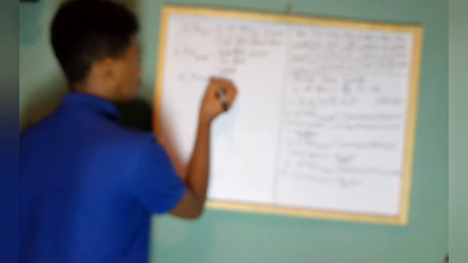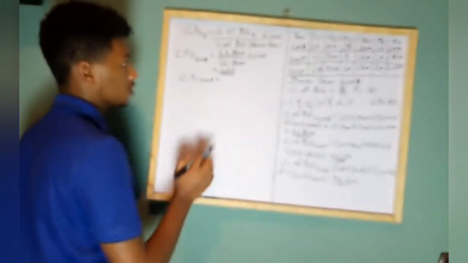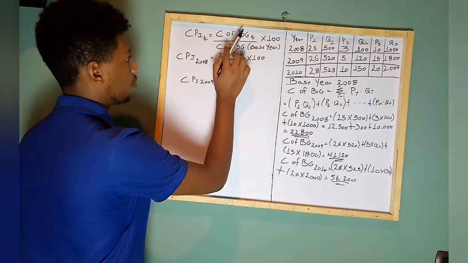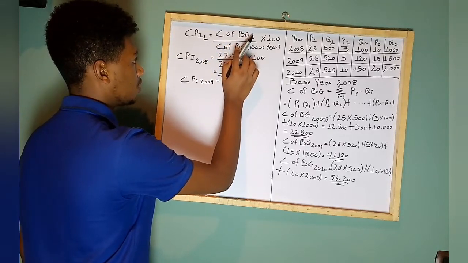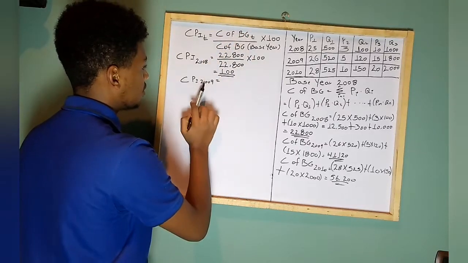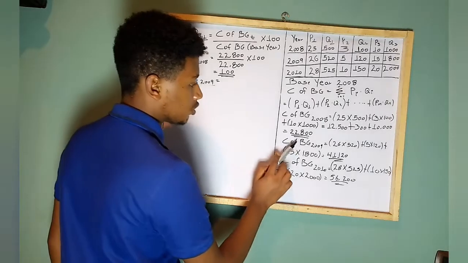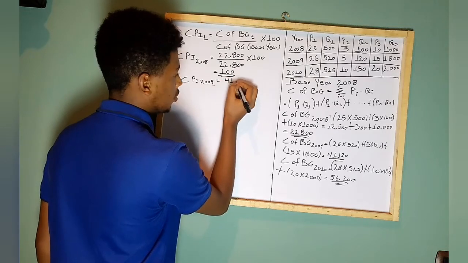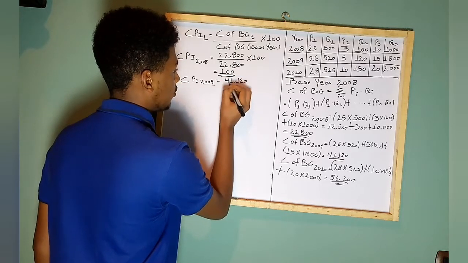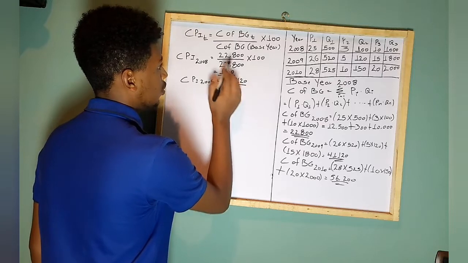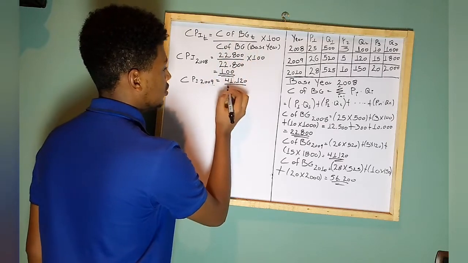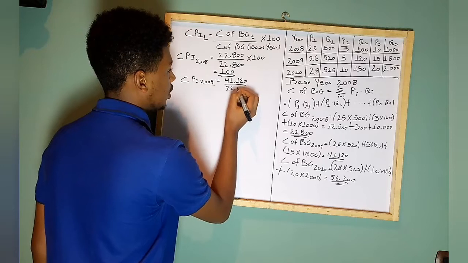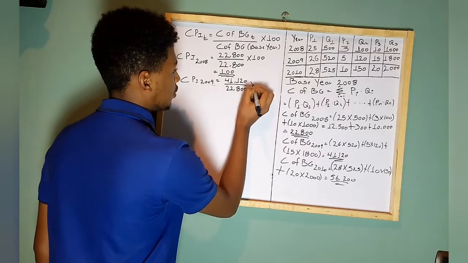The next one is the consumer price index for 2009. This is the cost of basket goods at time t. That means the time is 2009. In 2009 it's 41,120 divided by cost of BG for the base year, it is 22,800 multiplied by 100.